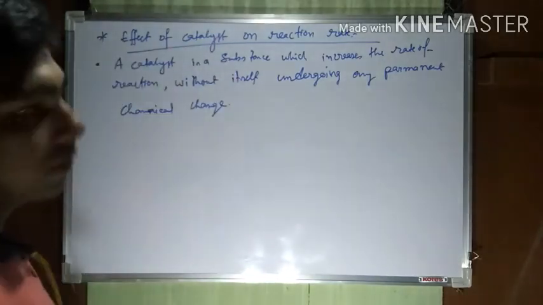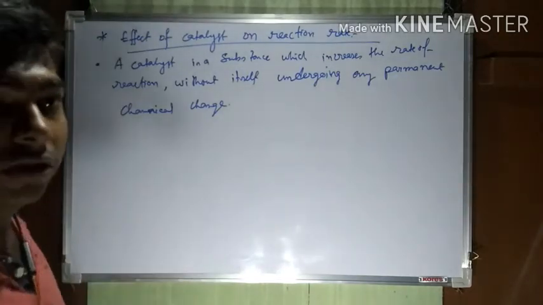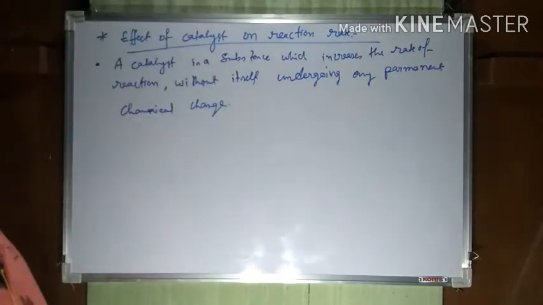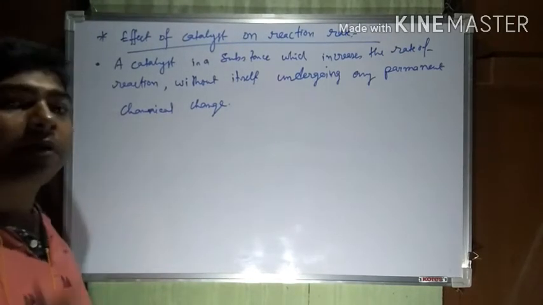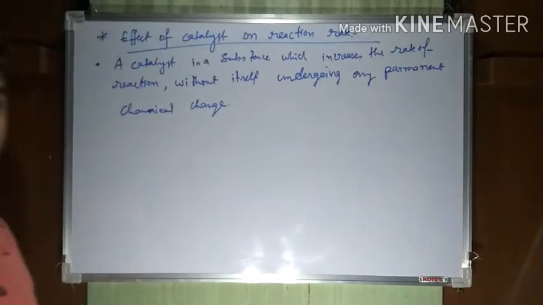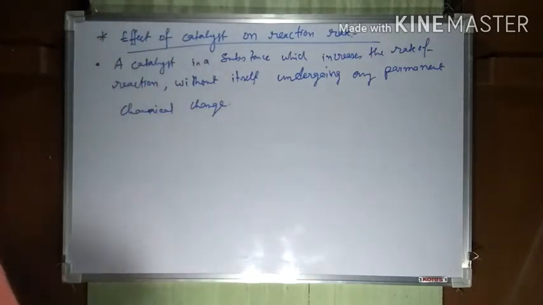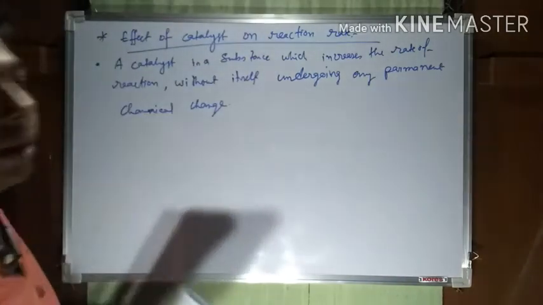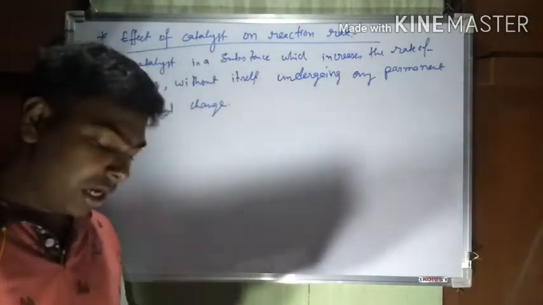Now, what is the meaning of this sentence? A catalyst increases the rate of reactions, but itself does not undergo any permanent change. Permanent change means it can take part in some chemical reactions, but in the final step or a middle step it is regenerated as the same catalyst of the previous form. That's why I'm saying it does not undergo permanent chemical change. That means the catalyst remains as it is throughout the reaction.